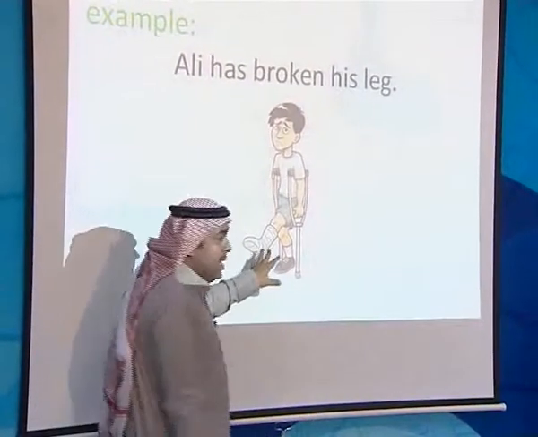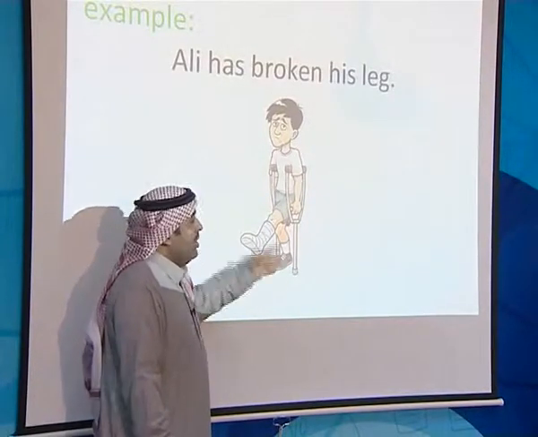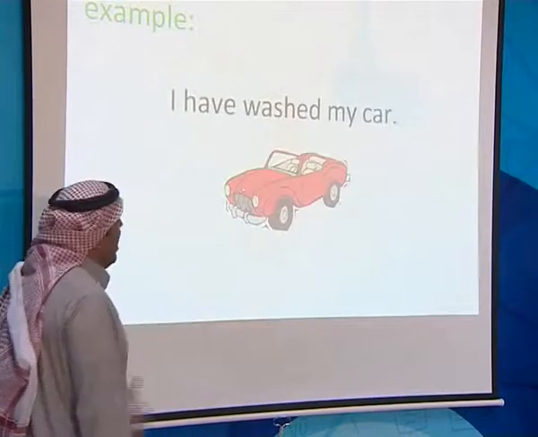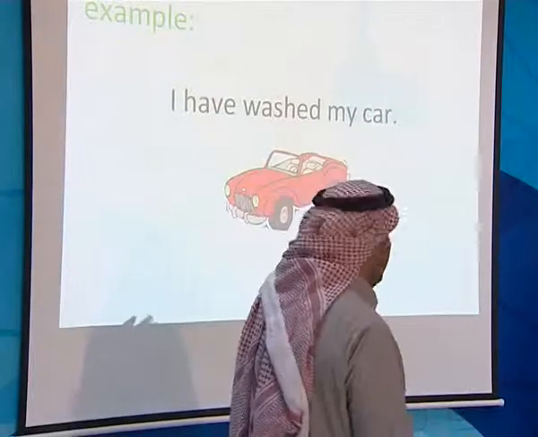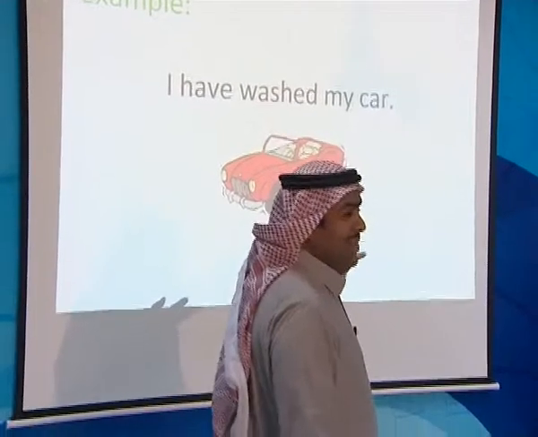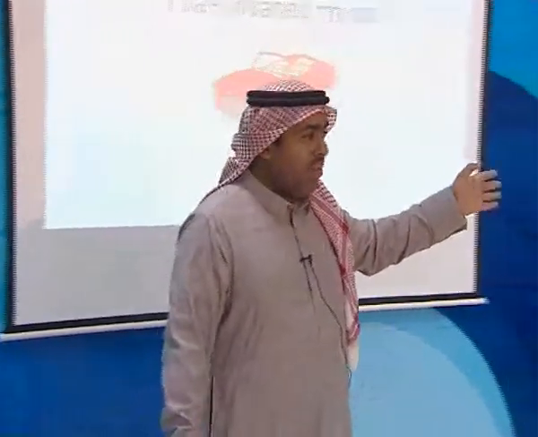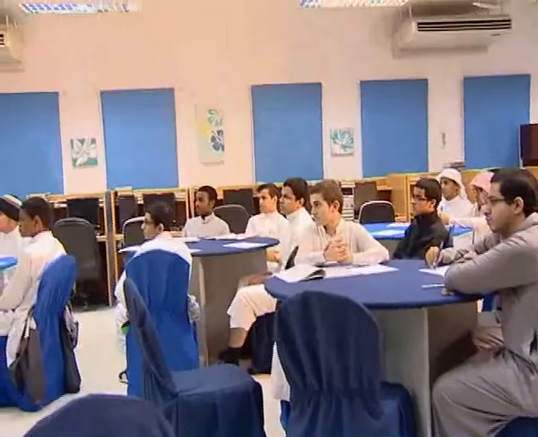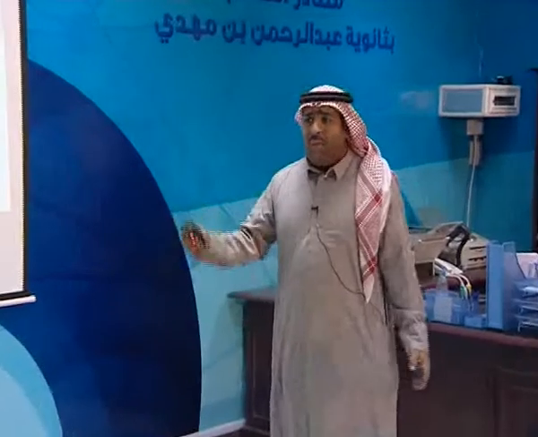From the picture, I can see the result. Okay? The other example is, I have washed my car. As you said, the car is clean. So, is it okay? Any question, guys? No. How about there? Is it clear? Good. Now let's move to the structure of the sentence.